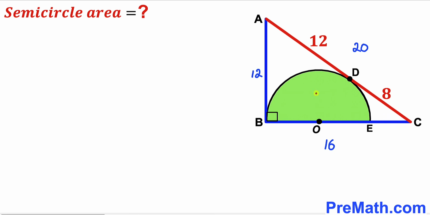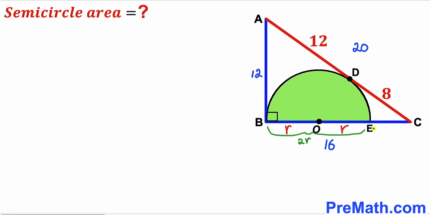Now let's focus on this semicircle with the center O. We can see this OB is the radius of this semicircle, and likewise OE is the radius as well. So I'm going to label this radius as lowercase r, and this radius is lowercase r as well. So the diameter of this semicircle is 2 times r.